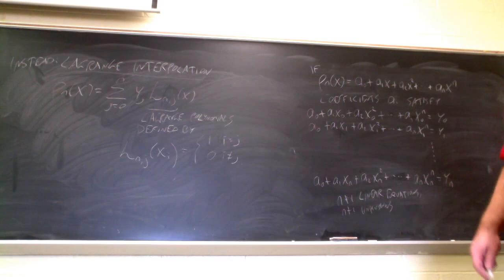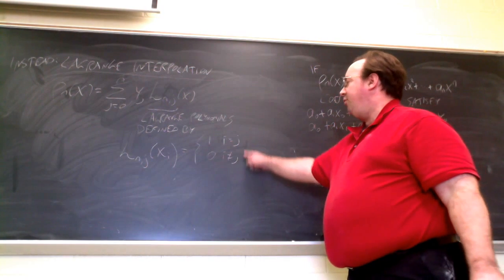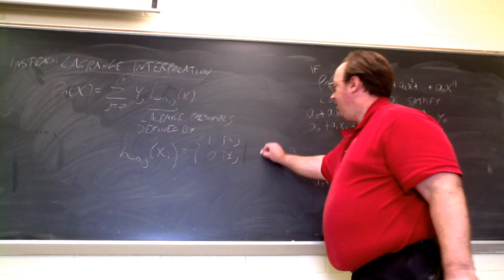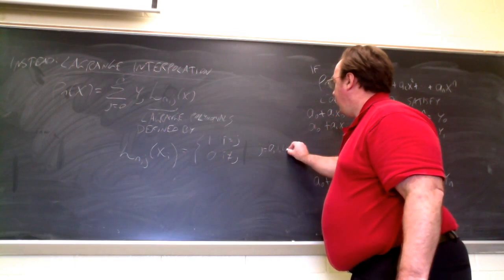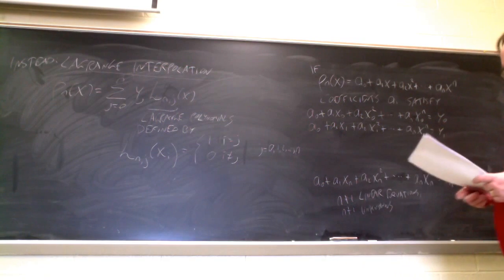Okay, so if I could come up with polynomials that satisfy all n plus 1 of these conditions, for j equals 0 up to n, then I have my polynomial.